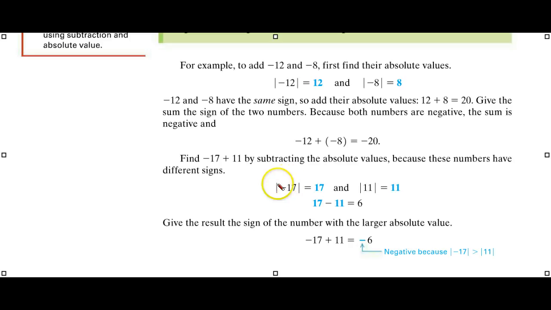Now, if you have one that's negative, one that's positive, take the absolute value of each one. That's a 17 and 11. Subtract the smaller, you get a 6. But then you apply the sign of the larger absolute value. Or if you put that into your calculator, this is what you get.